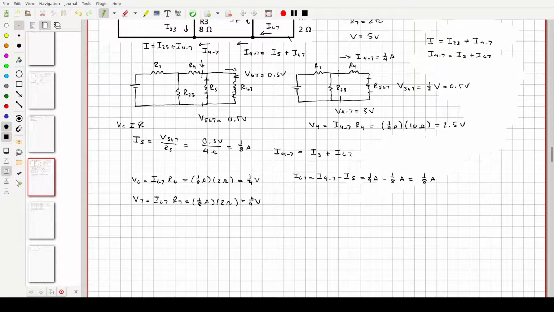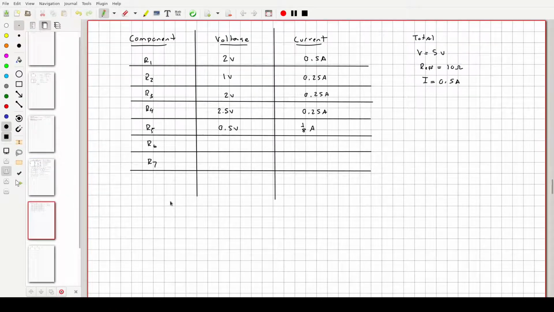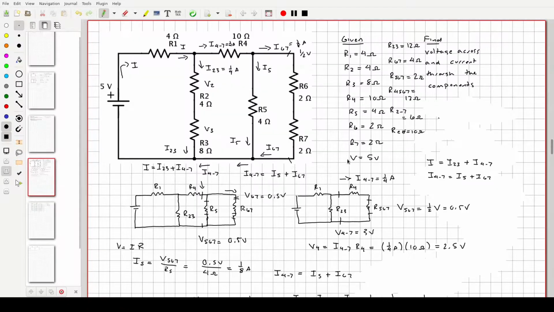So they both have the same amount of current going through them, 1/8 of an amp, and they both have the same voltage across them because they both have the same resistance, and that's 1/4 of a volt. So, 0.25 volts and 1/8 of an amp. And there you go. We have fully analyzed the circuit.